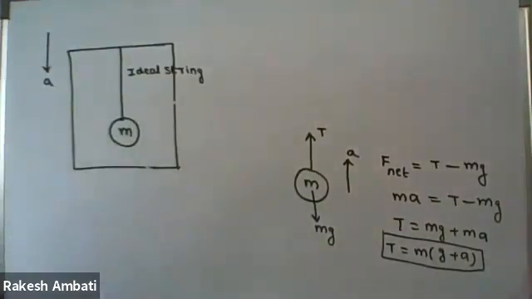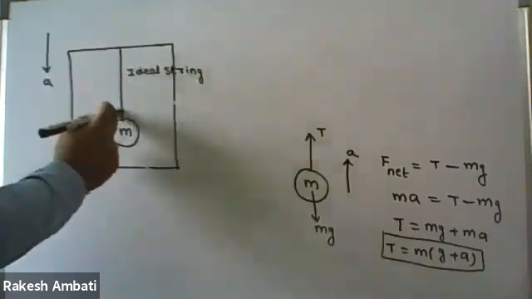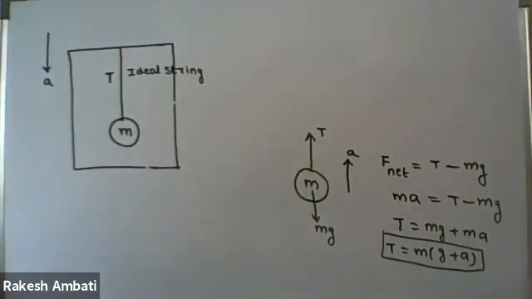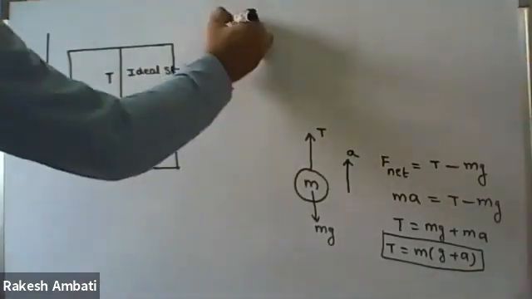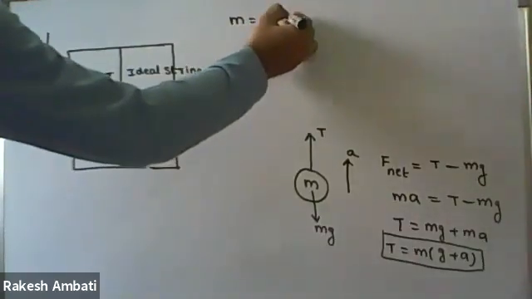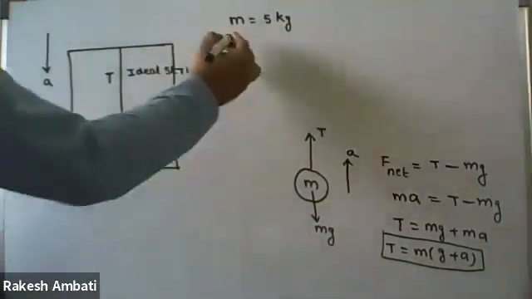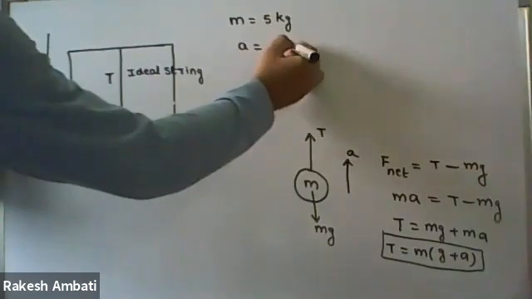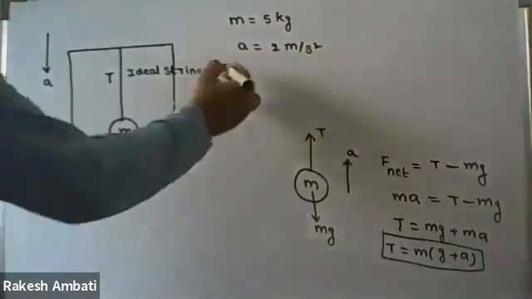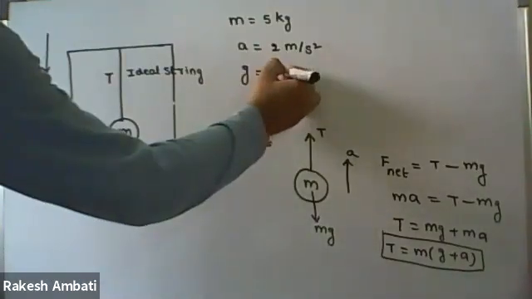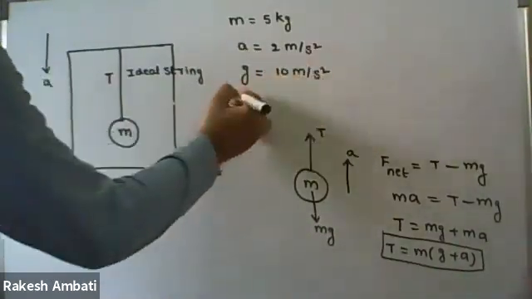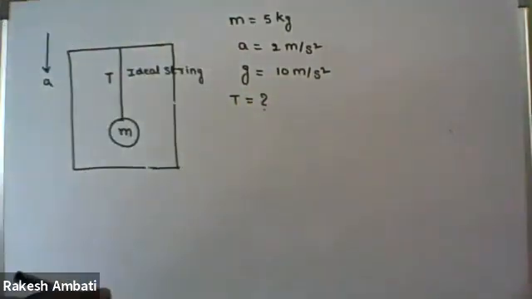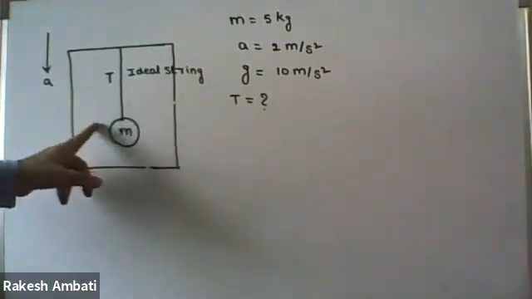In this ideal string, the tension force is T. In the question, it is given that the mass of the block is 5 kg, the acceleration of the lift is 2 meter per second square, and take g, the acceleration due to gravity, as 10 meter per second square. Find the tension force in the string. Try this question as homework.